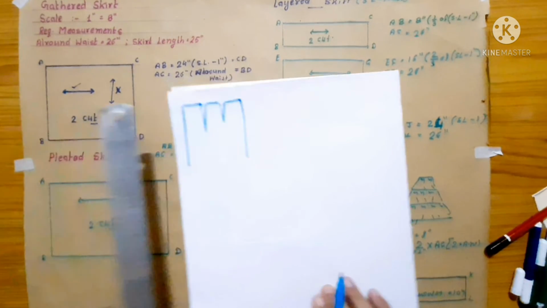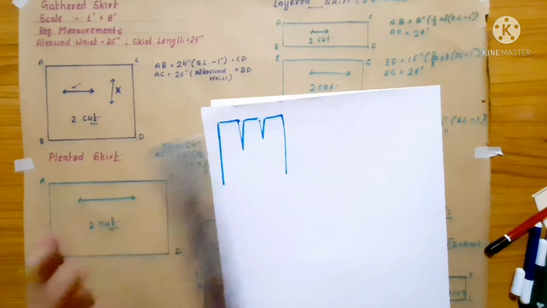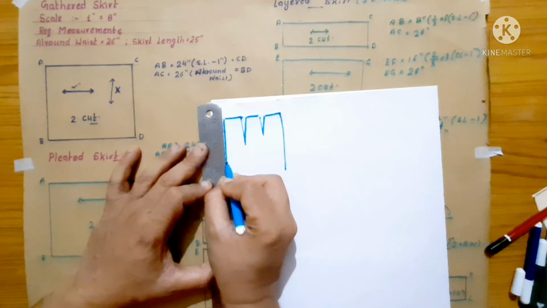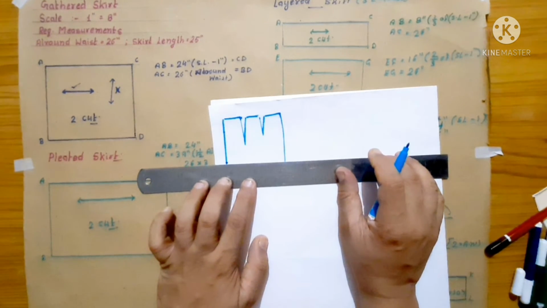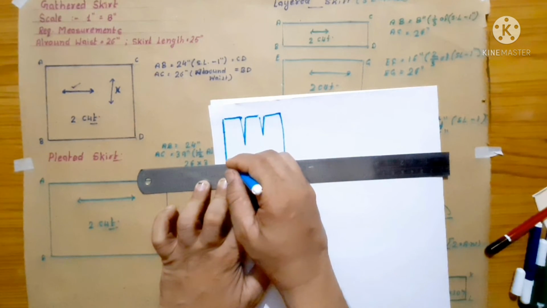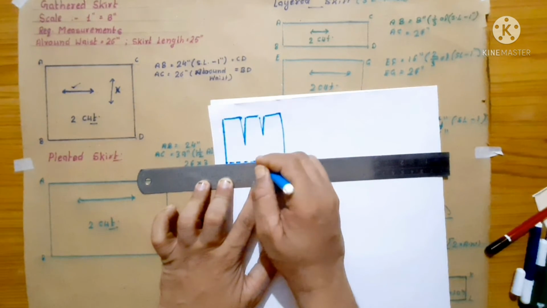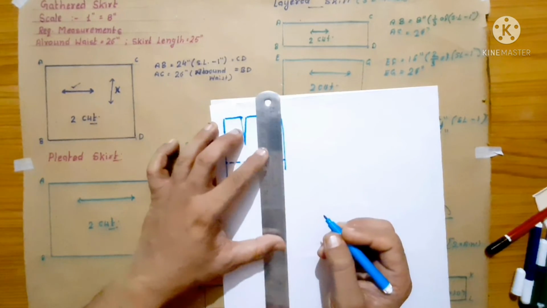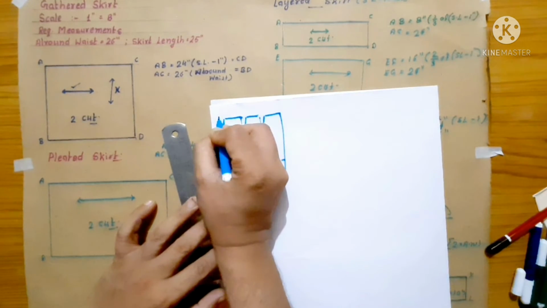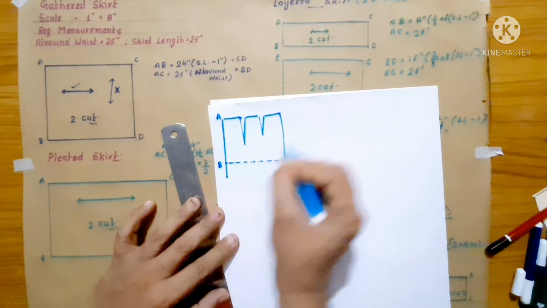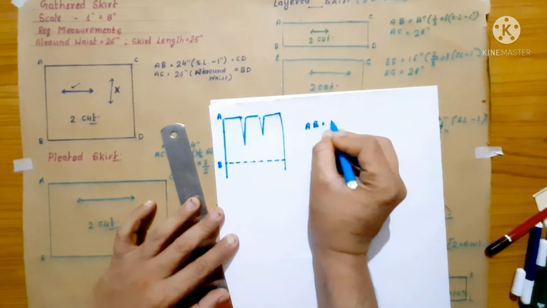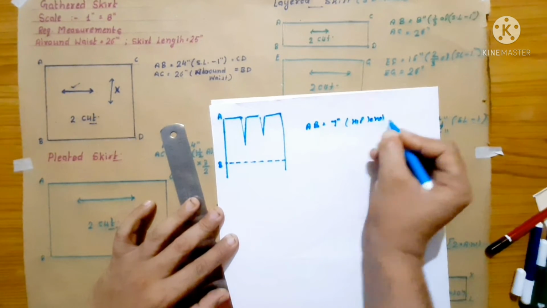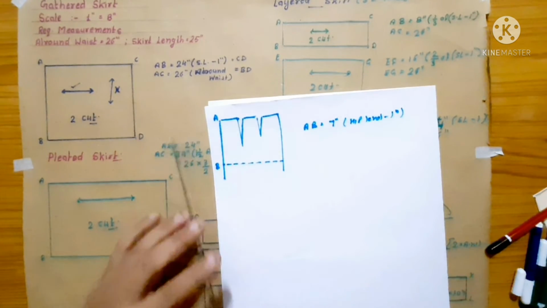Now we'll create the yoke. What I'll do, I'll just mark a point of 7 inches, that is the hip level, right? And here this is A and this is B. AB is equal to 7 inches, that is hip level, minus 1 inch for belt, right?